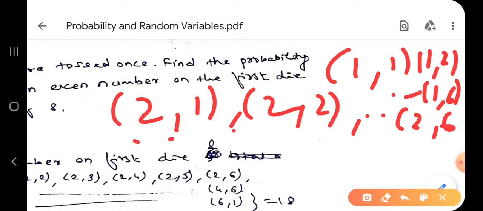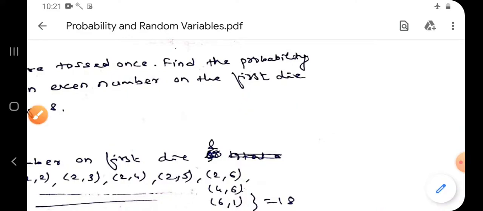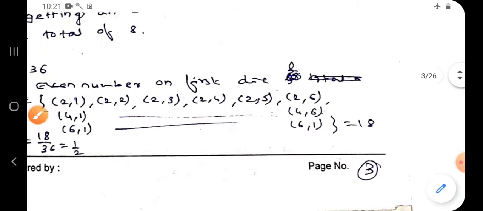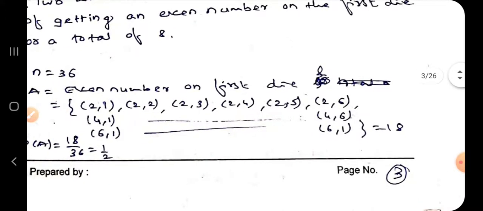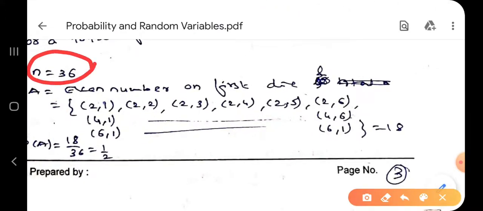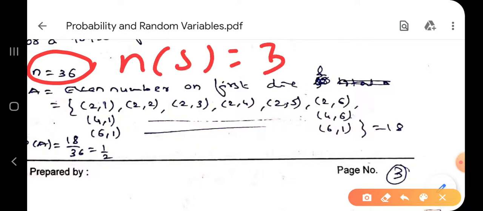Yes, you may write it all: 3 1, 3 2 up to 3 6, 4 1, 4 2 up to 4 6, 5 1, 5 2 up to 5 6, and last 6 1, 6 2 up to 6 6. So what is n of S, the sample space? n of S is 36, or you may call n is equal to 36. Understood? To write the probability we require it.